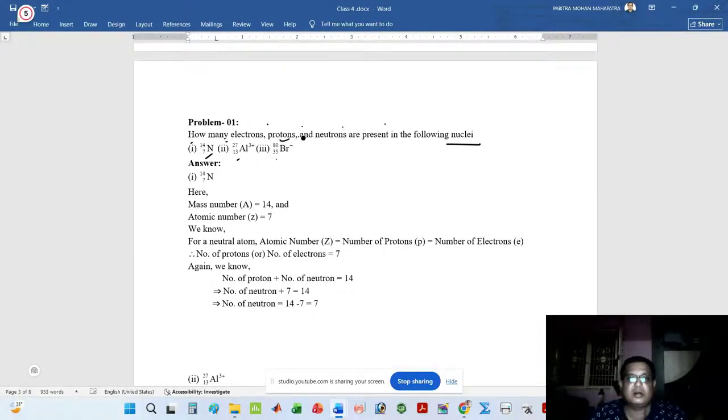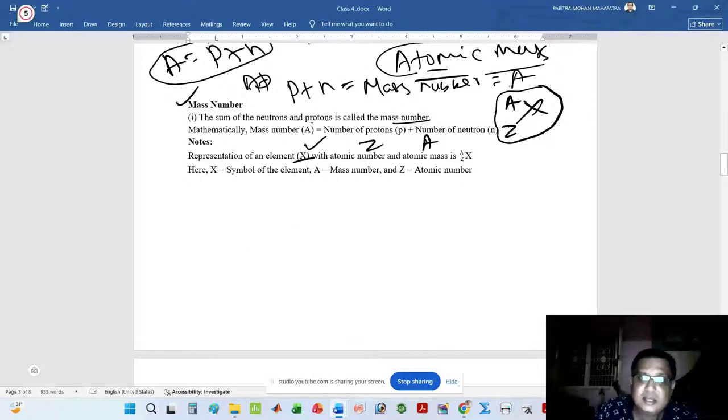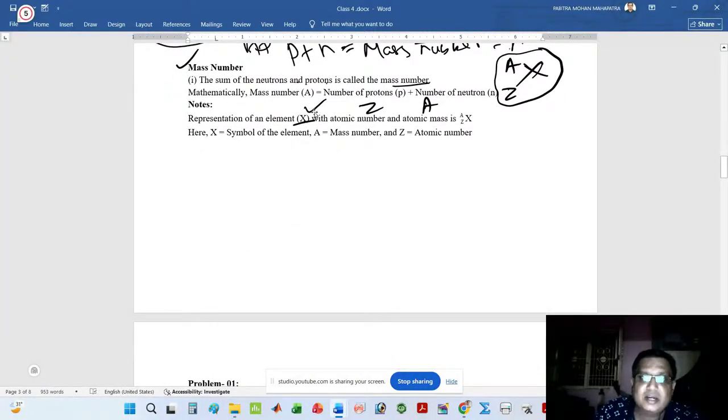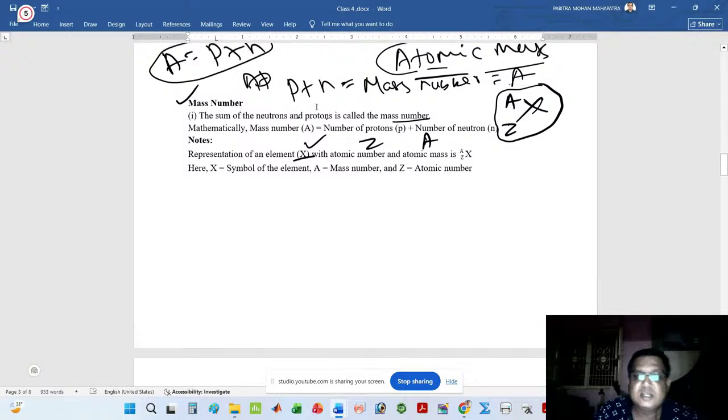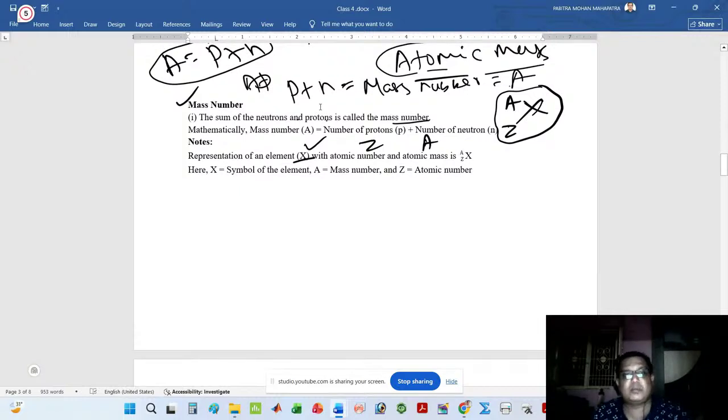Three species are given, and the target is to find the electrons, protons, and neutrons. At first, I want to move to N-14. Look at that. Already I discussed, if the element is X, the atomic number and mass number are as defined.